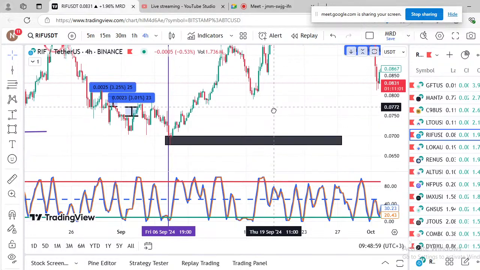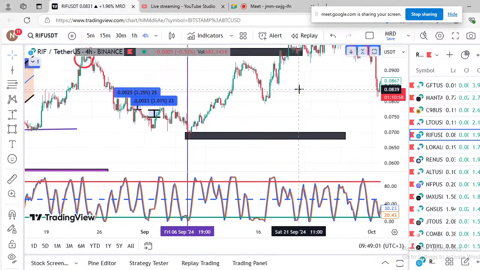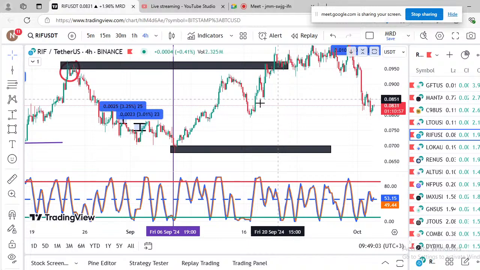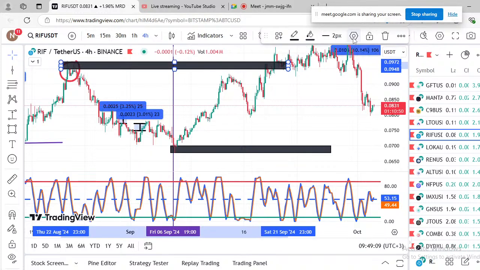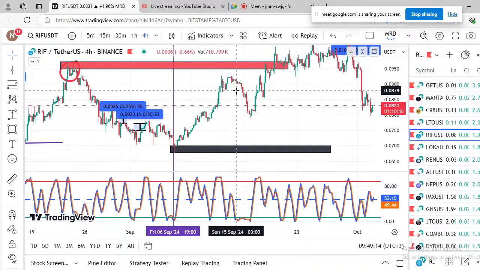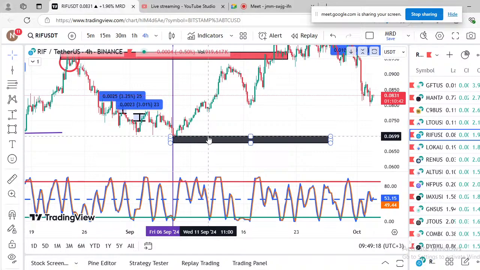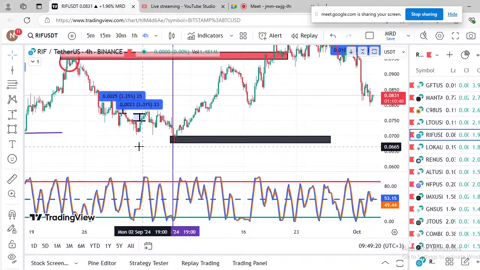Meaning that we have the support, the demand and supply. Now the black one which is down is demand, the black one which is up is supply. Let me change the color. The red one which is up is supply, the black one which is down is demand.